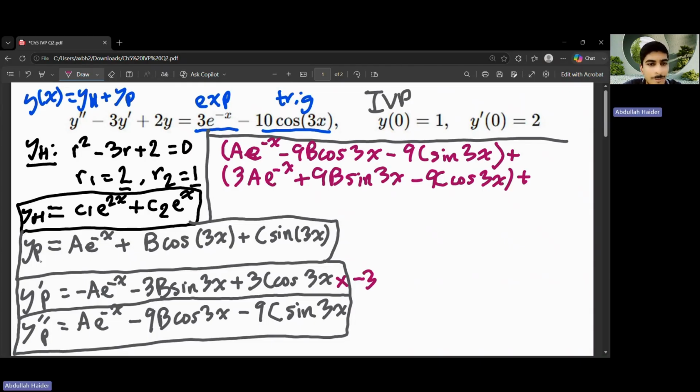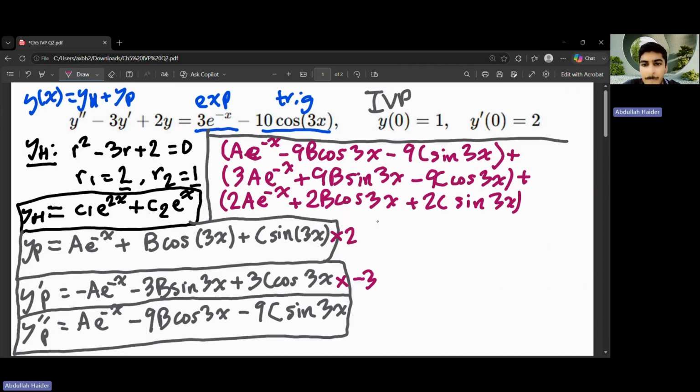Plus, now we have 2y. So we multiply our yp by 2. Multiply this by 2, so you get 2a e^(-x) plus 2b cos 3x plus 2c sin 3x.